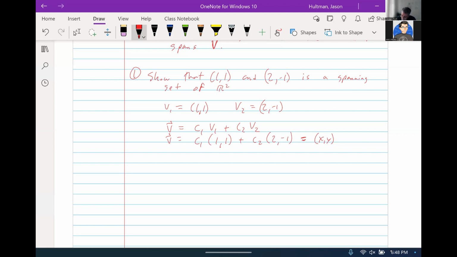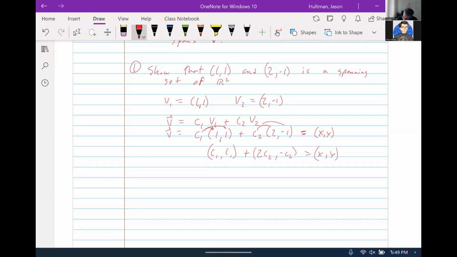Okay, and so we get that. We can write this as a system of equations. If I were to distribute the c1 here, I would get c1, c1 plus 2c2, negative c2 equals xy.